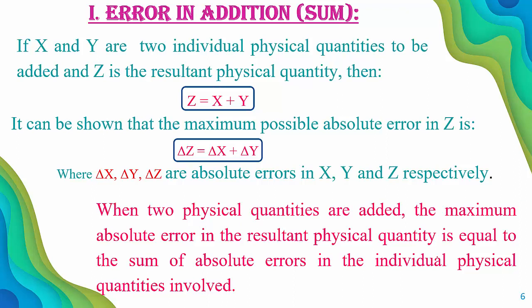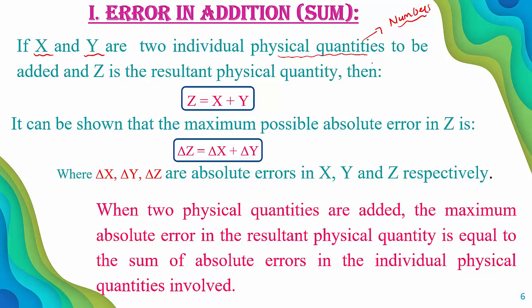See here, error in addition. Let us consider there are 2 individual physical quantities x and y. What is a physical quantity? The quantity which can be expressed in terms of numbers. When the quantity is expressed in terms of numbers, we call it a physical quantity. So x and y are 2 individual physical quantities to be added.